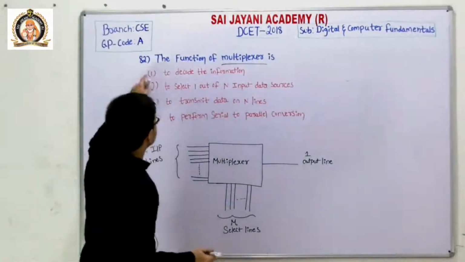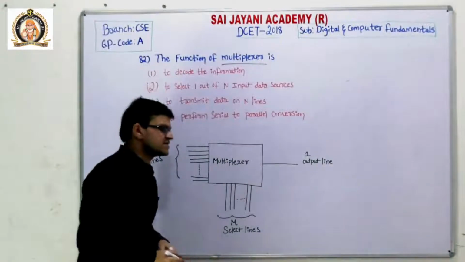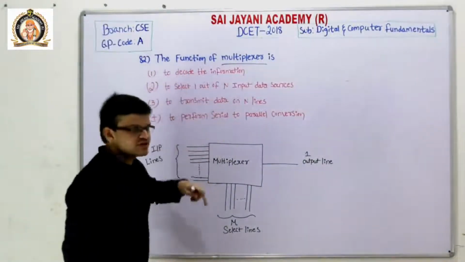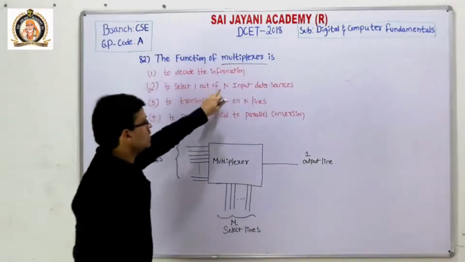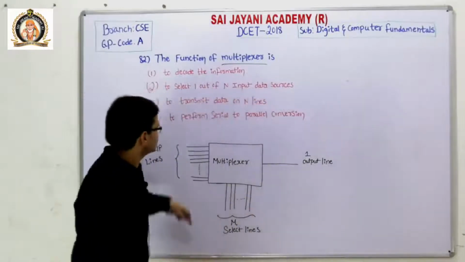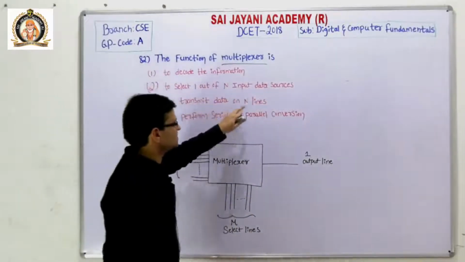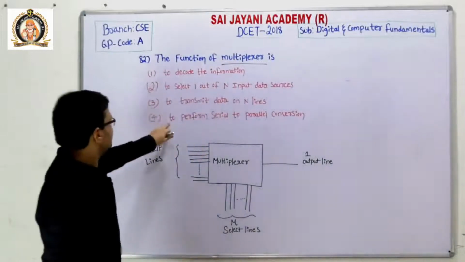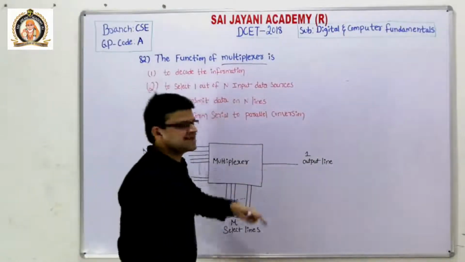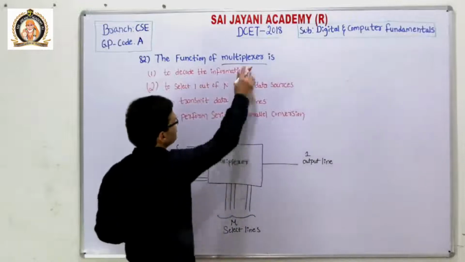The question number 82, the function of a multiplexer is, we have four options: to decode the information, to select one out of n input data sources, to transmit the data on n lines, and to perform the serial to parallel conversion. What is meant by multiplexer?